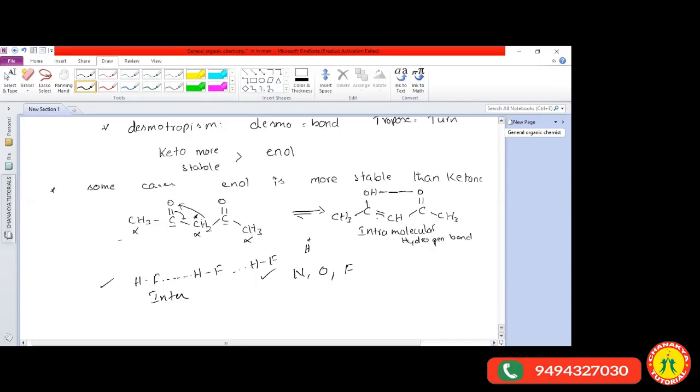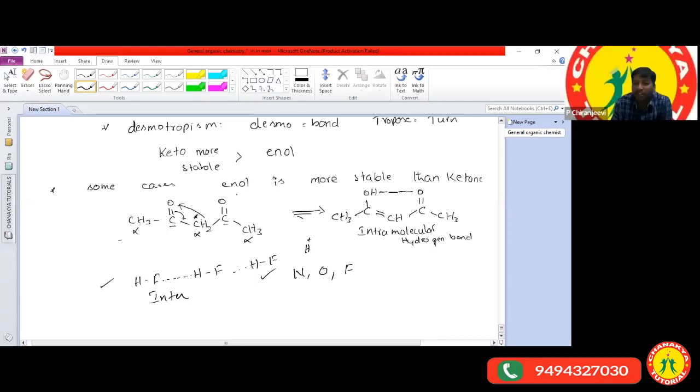Yes, sir. Okay, so formation of the cyclic ring is called chelation. If a cyclic ring is formed, it increases the stability. So due to that reason only, the enol form is more stable than the ketone.